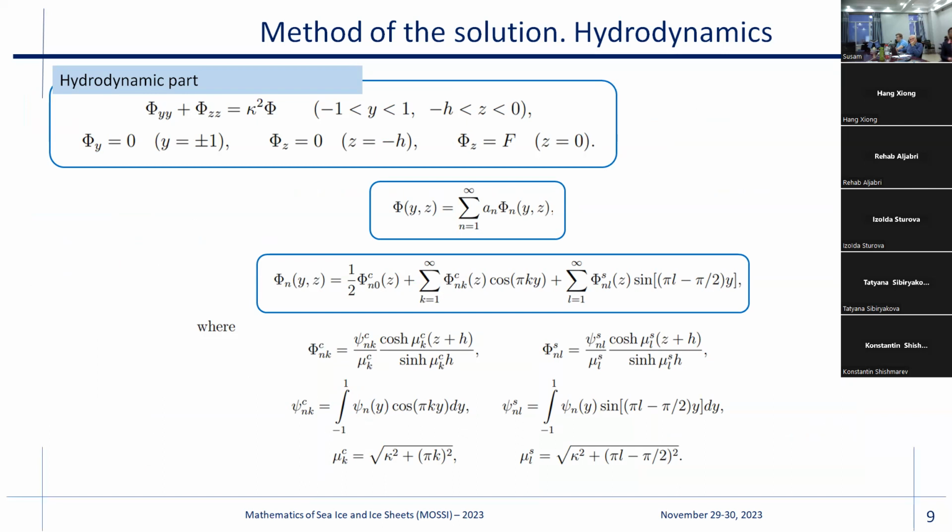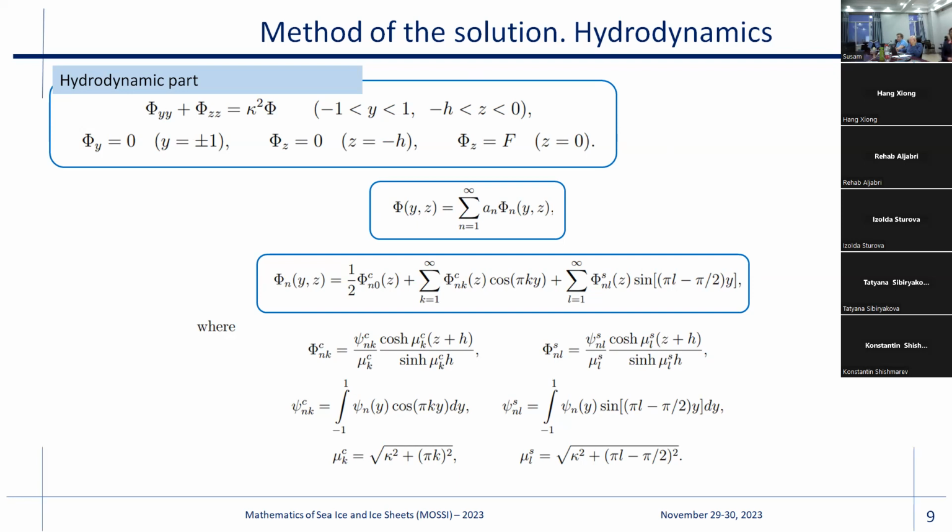Then the solution for each function Pn can be obtained from this boundary problem and can be expressed in terms of functions psi n calculated earlier. Since we consider a non-uniform shape of ice thickness, both even and odd parts of the solution for the potential profile should be taken into account.